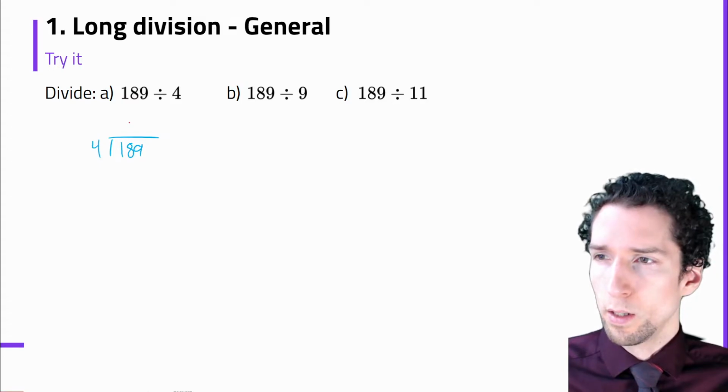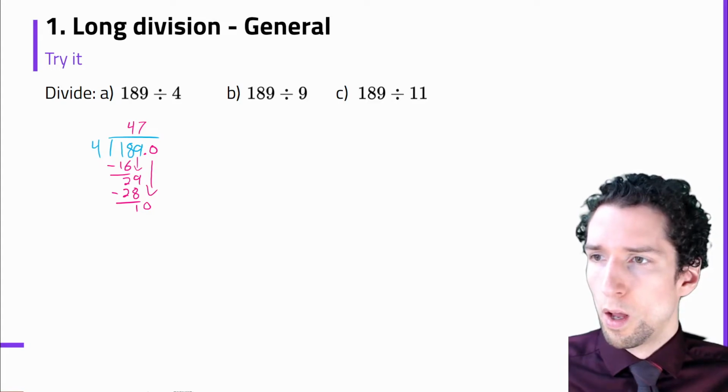4 into 18, that's 4, so that's 16 and 2, and bring down the 9, and that will go in 28, so 7 times, and 1, and not finished, so bring down the 0, and 4 into 10 will go in 2 times.